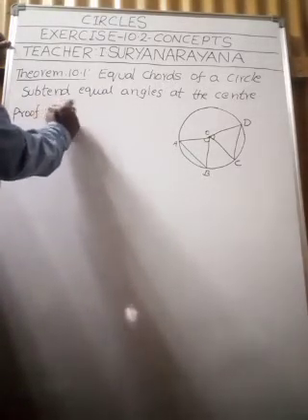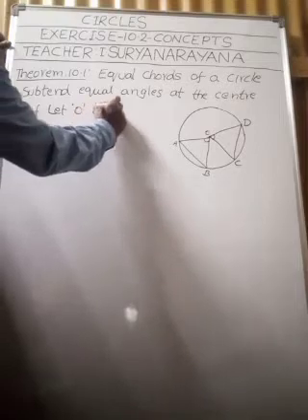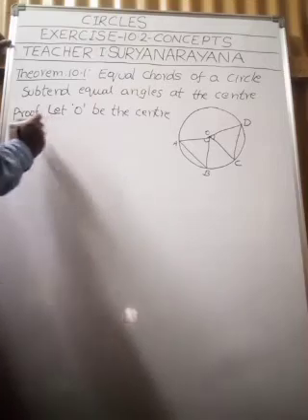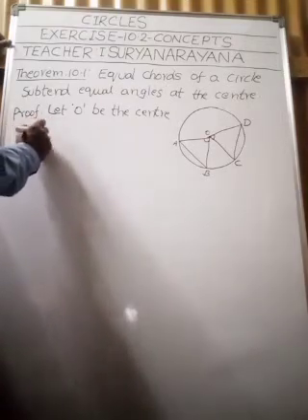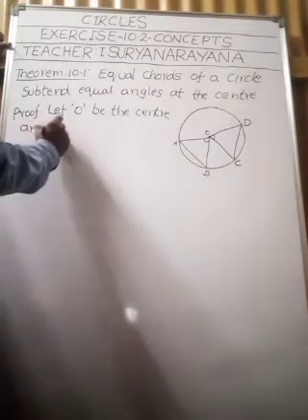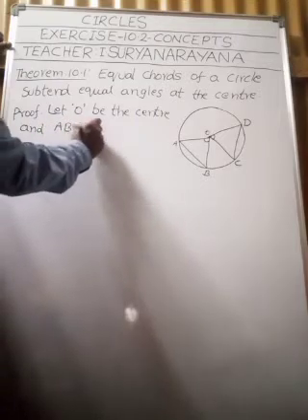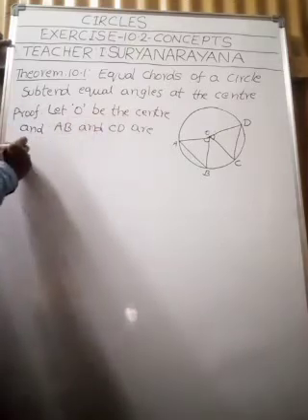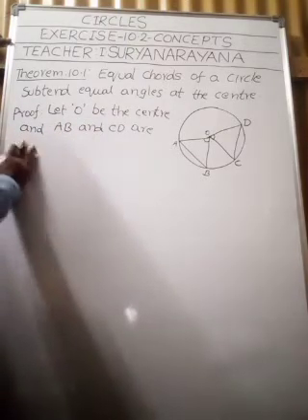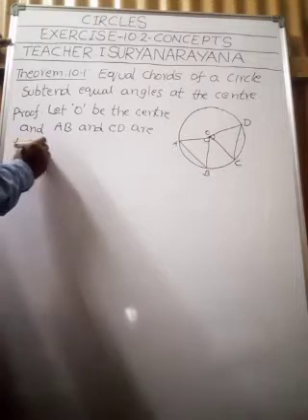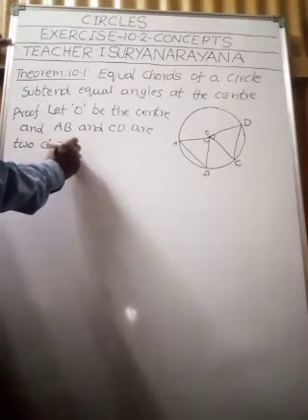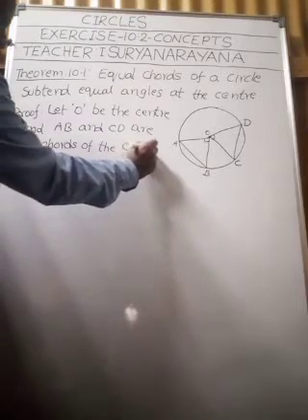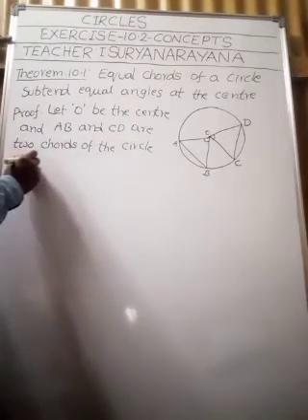Let O be the center, and AB and CD are two chords of the circle of equal length.